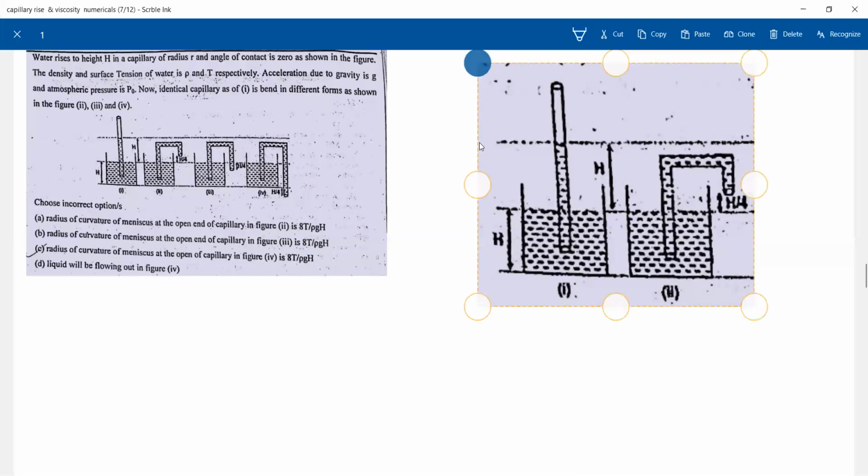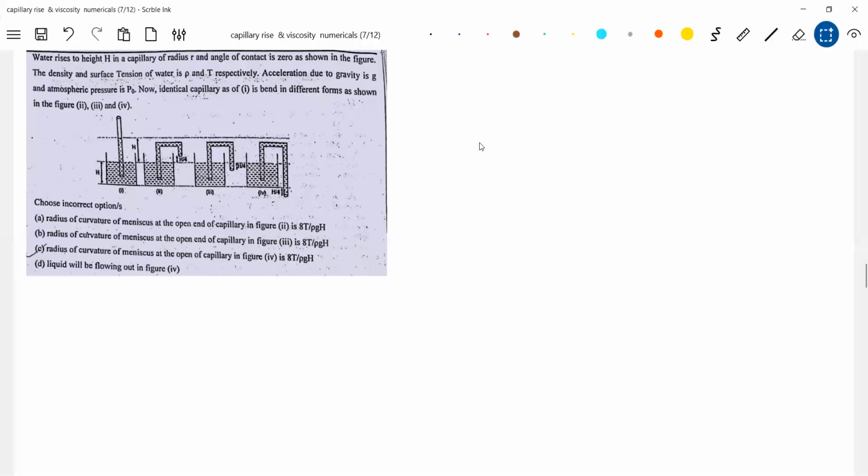Better to draw a diagram. Give me time, I'll draw it. I'll finish off in a little while. This is a container.